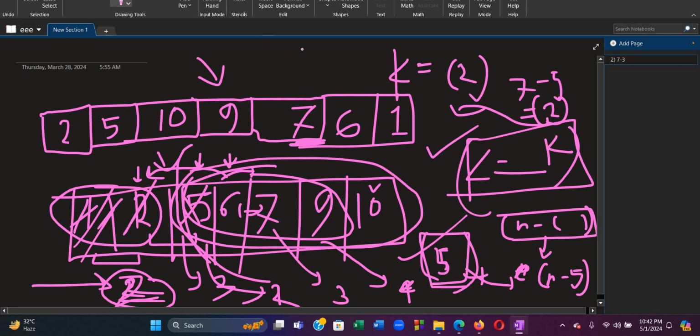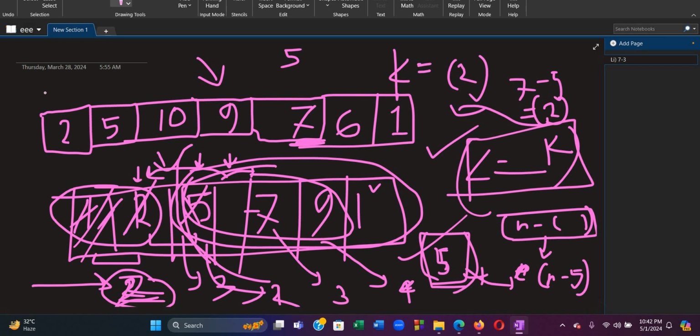I could have said my answer is 5. Why? Because I could erase all of these and remain with 1 and 2. That would satisfy the condition, but when I subtract it from the whole number, 7 minus 2, I would have gotten 5, which would not have minimized the number of erased elements.